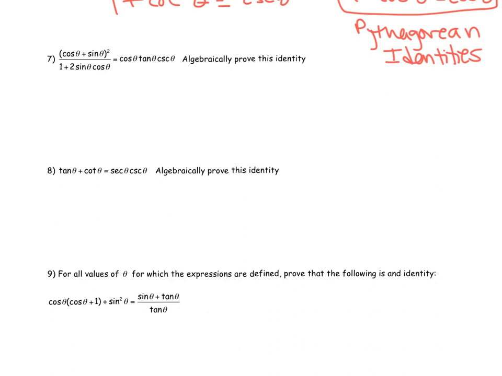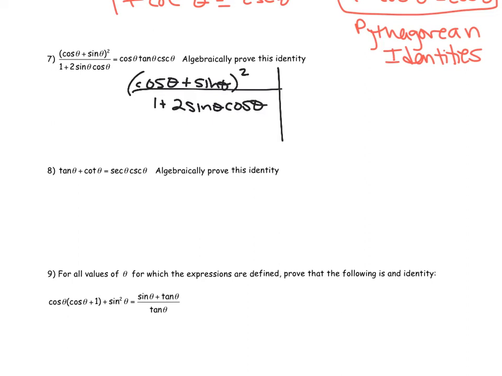Okay? All right, so I have cosine theta plus sine theta, this whole thing being squared, all over 1 plus 2 sine theta cos theta. And we're trying to prove that that's equal to cosine theta, tangent theta, cosecant theta. Ooh, lots going on here.